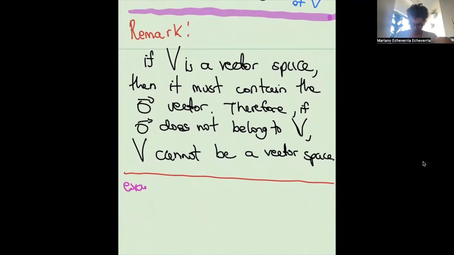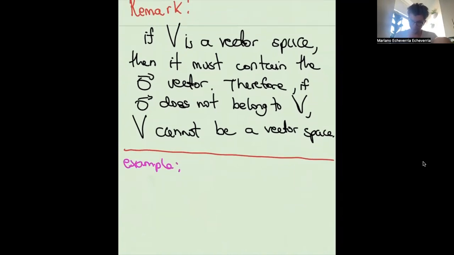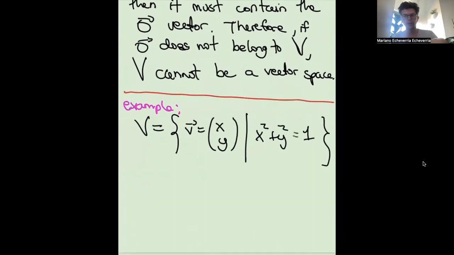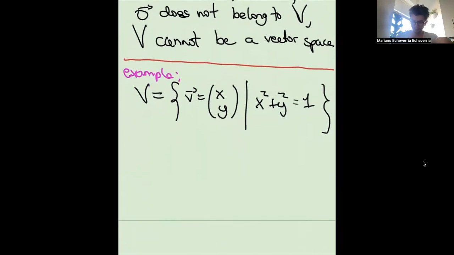Here's an example. Imagine I had given you V to be the vectors (x, y), where x squared plus y squared equals 1. Okay. So what is that the equation of?